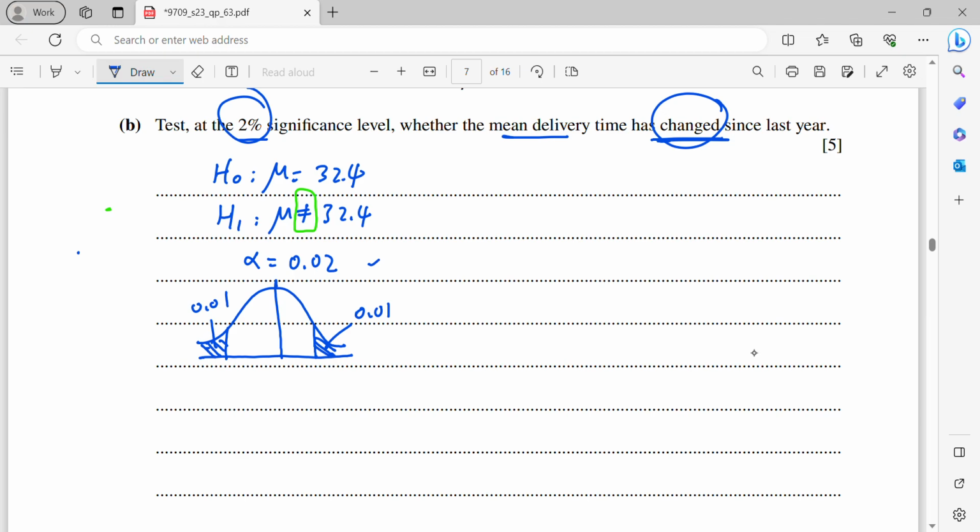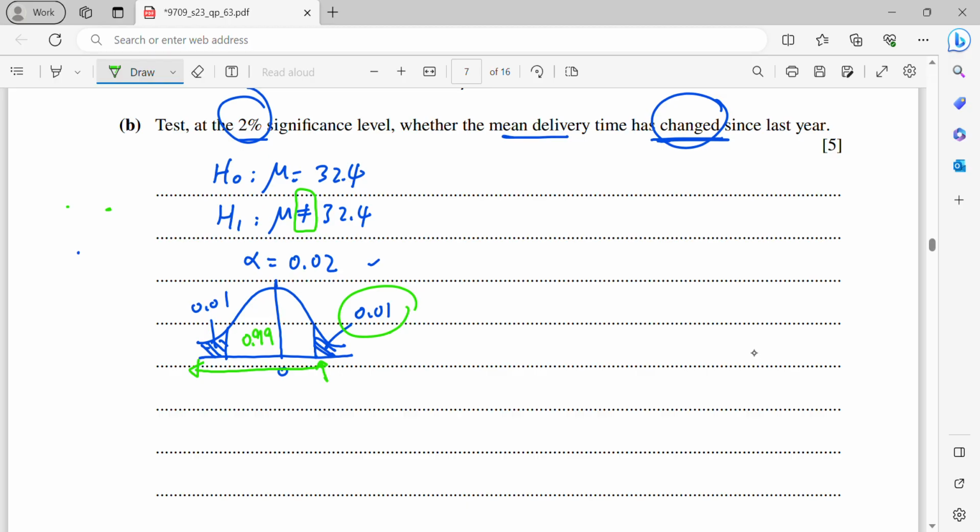And then now we are going to use a z-test. Therefore, for the z-test, we need the total region towards the left hand side because I need to find my critical value here. Since the region on the right side is 0.01, the region towards the left hand side will be 0.99.